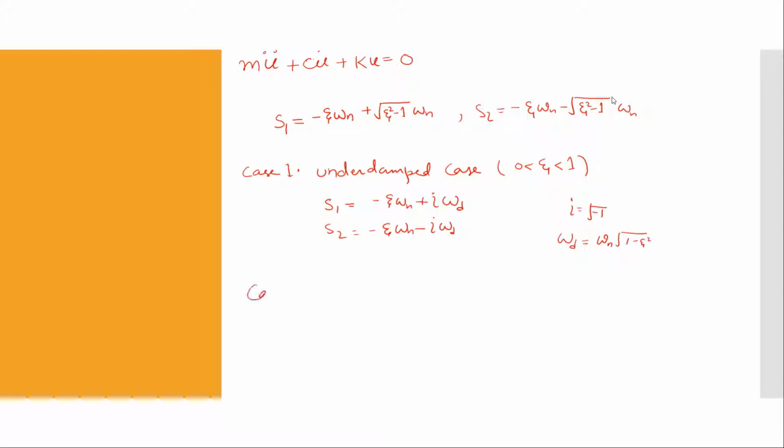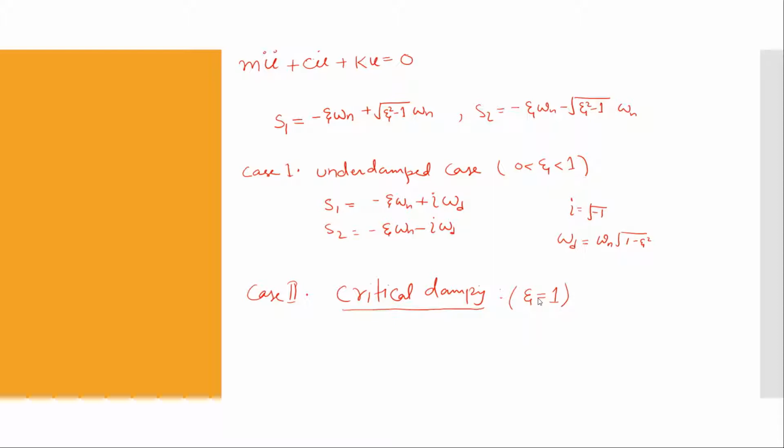So case 2 is critical damping. We say it is critical damping when xi is equal to 1.